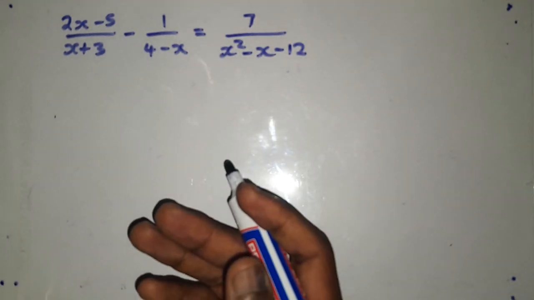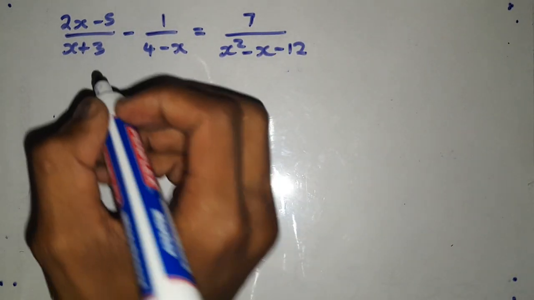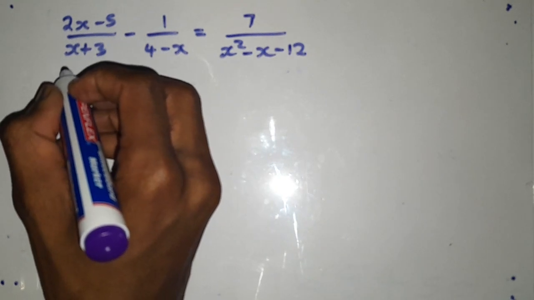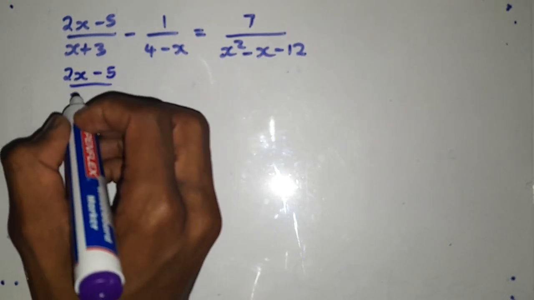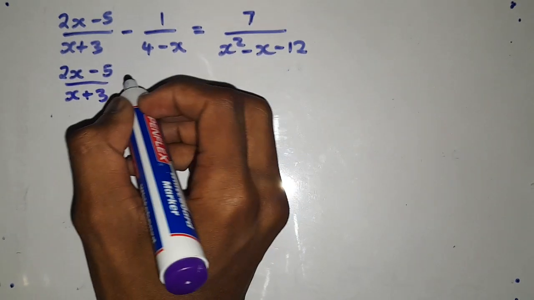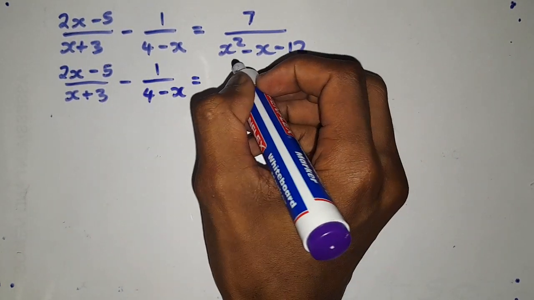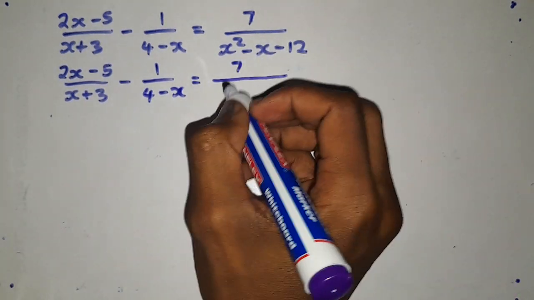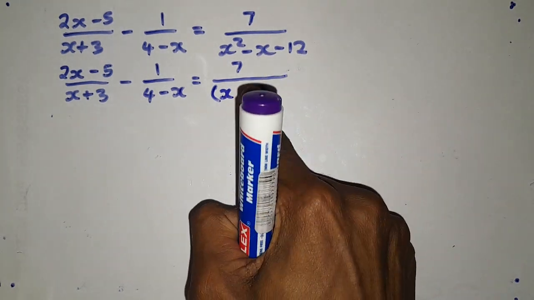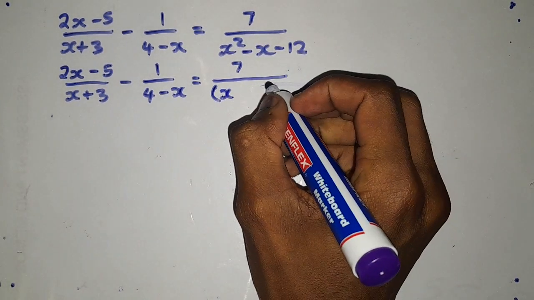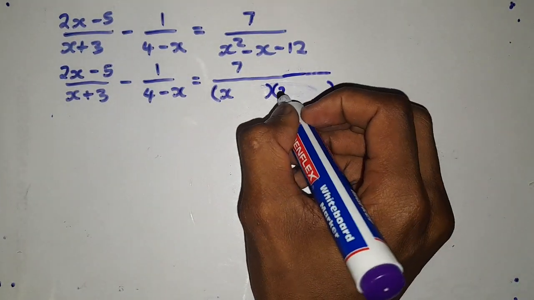Firstly, when you come across this, let us try to factorize this one first before I go further. I'm going to get (2x minus 5) over (x plus 3), minus 1 over (4 minus x), equals 7 over the trinomial. What are the factors of 12?